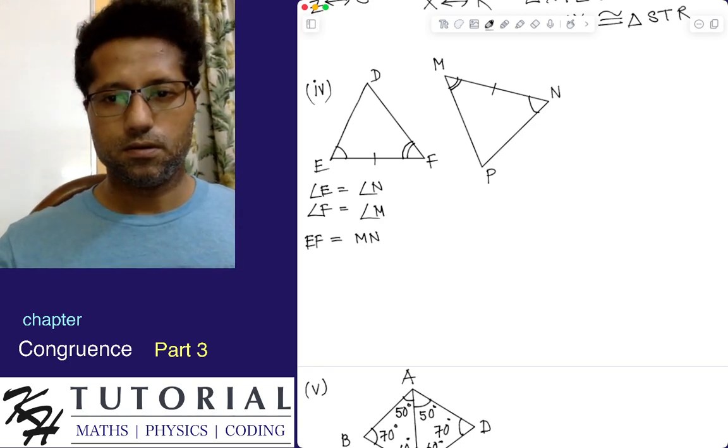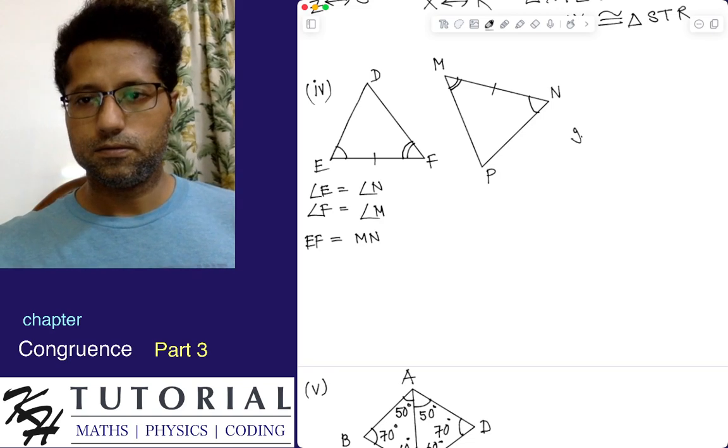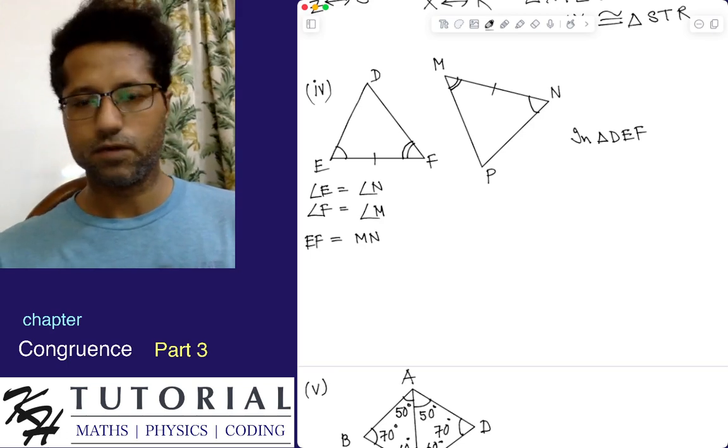Now, things to observe: in triangle DEF, you can name it in whatever way, it doesn't matter.